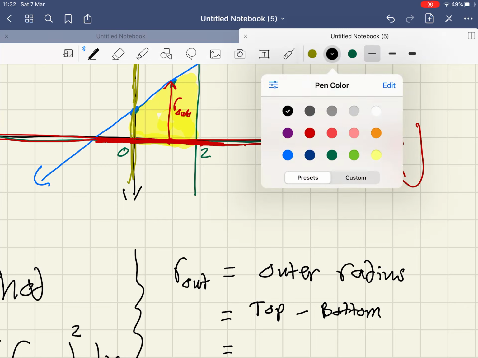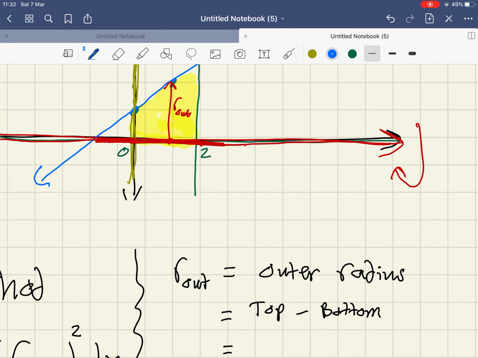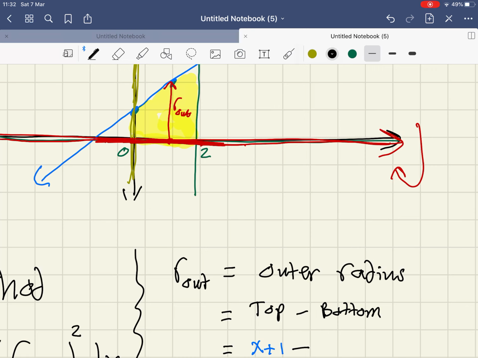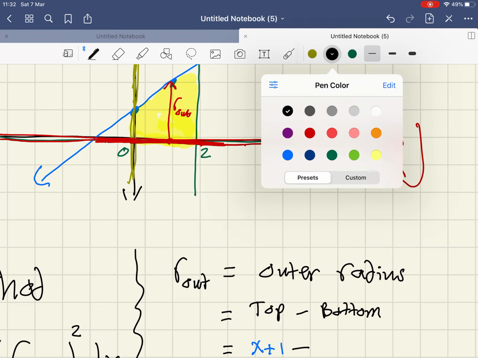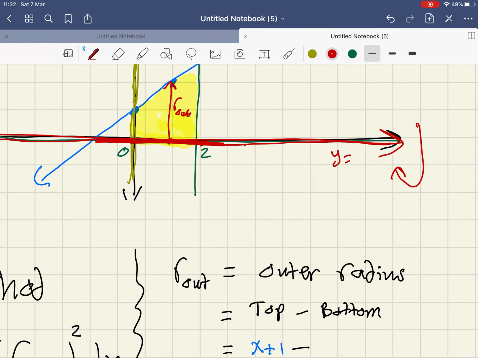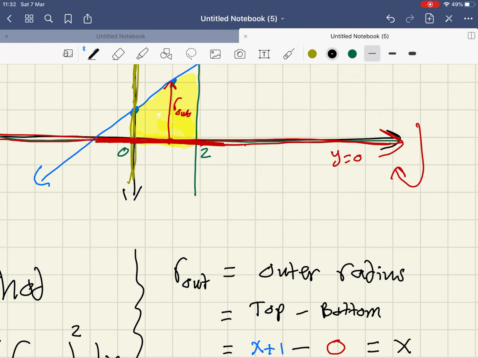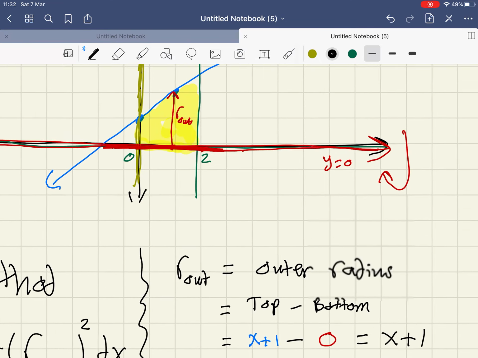The top function is clearly the blue function, which is x plus 1. Negative the bottom function, which is the red function, the x-axis equation, which is y equal to 0. So the bottom function is 0, and the final answer is x plus 1. And that's what we need to write for the R out.